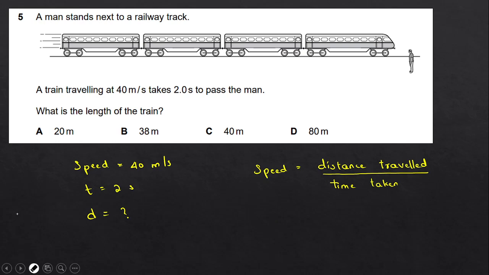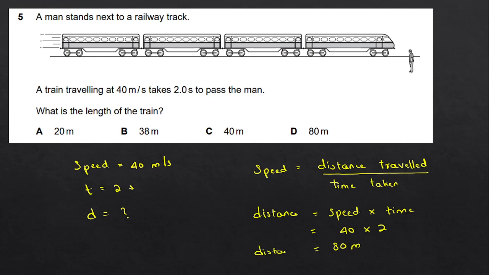So distance can be written as speed times time taken. If I substitute, this will be 40 times 2, which is 80 meters. So distance is the same as the length of the train. The correct answer is 80 meters.